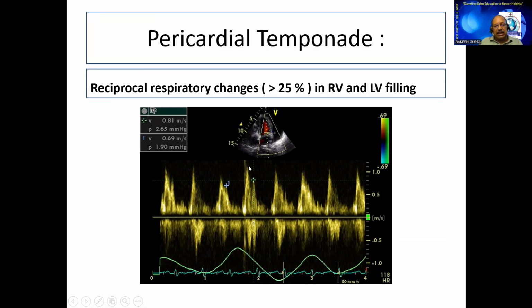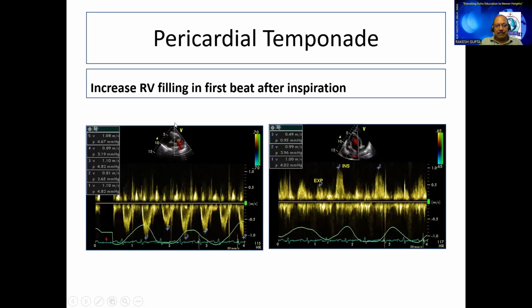And this variation is more than 25%. If I happen to measure this E wave versus this E wave, the respiratory variation seen here is 69 versus 81. Then there is increased RV filling with the first beat after expiration.